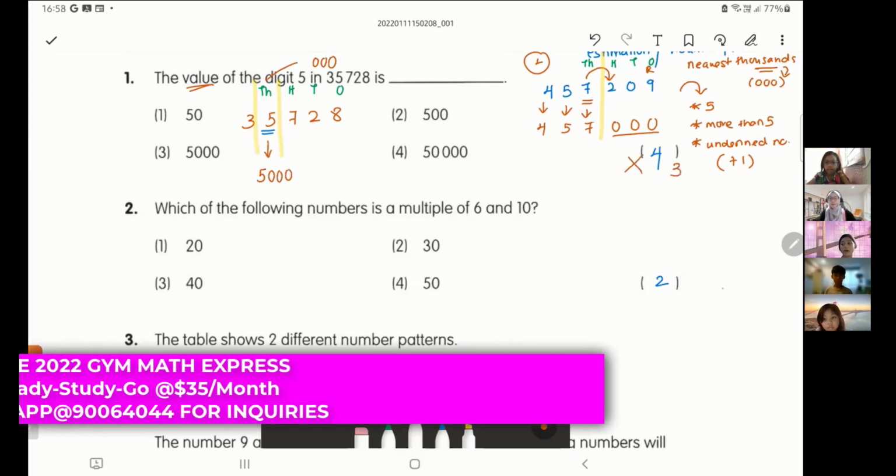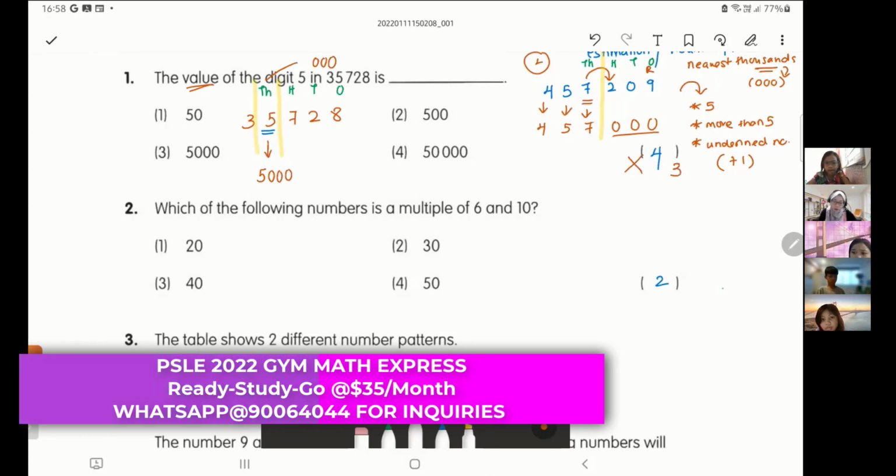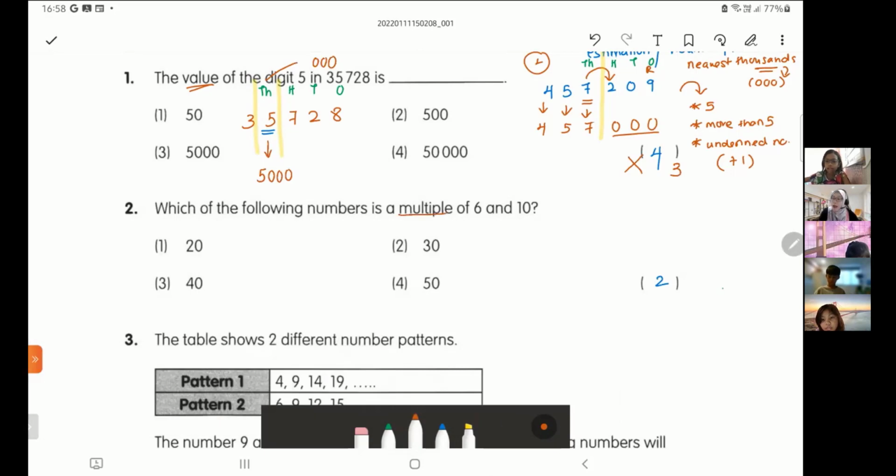All right, let's go to number 2. Which of the following numbers is a multiple? Just now I told you, multiple means times table. So it is as good as listing down the times table for 6 and 10.